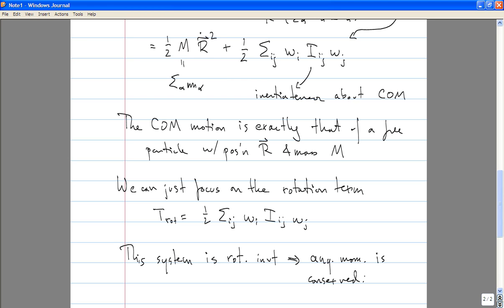So if we wanted to, we don't even have to write out the equations of motion to know that these equations of motion will imply angular momentum conservation. And in fact, a very slick and easy way of getting the equations of motion is simply to write down the statement that angular momentum is conserved. So let's go ahead and do that.